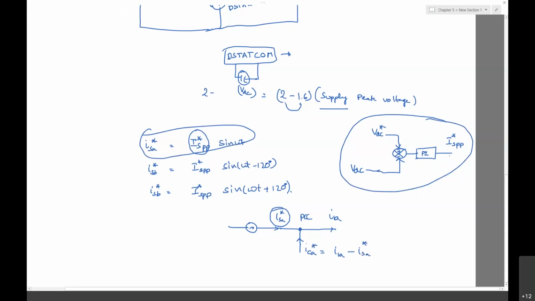We fix IS star P, which is to be subtracted, and ICA star is to be supplied. In that case, the source is supplying the real current, which is utilized to charge the capacitor.